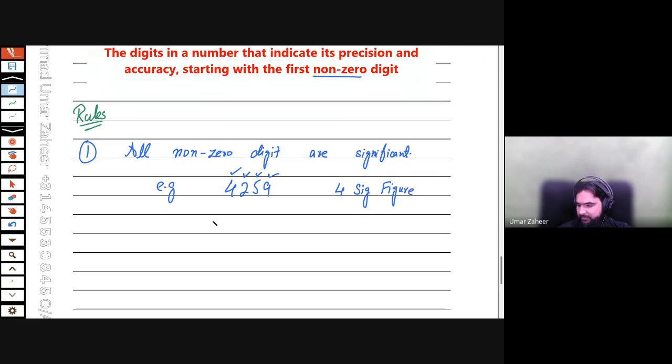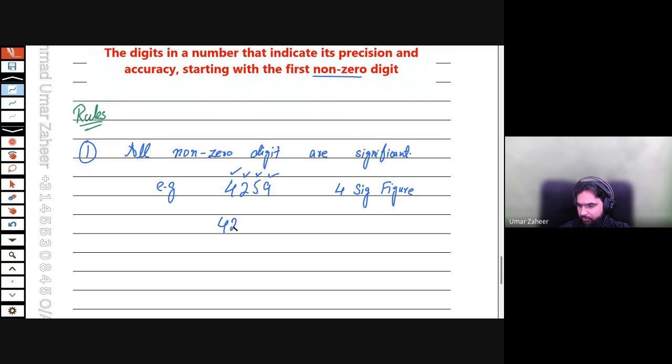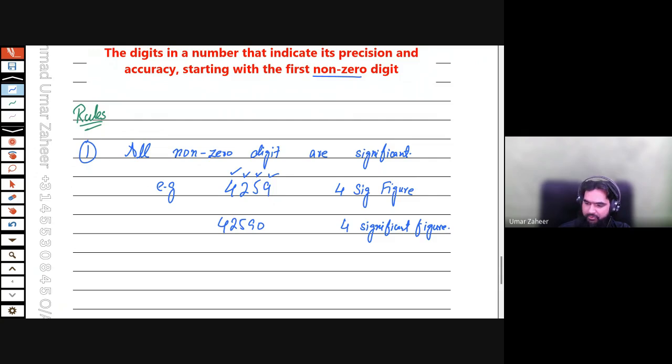In the same way, if it was 42590, would the zero be not significant? With 42590, we still have four significant figures. Okay, we'll talk about the next rule.